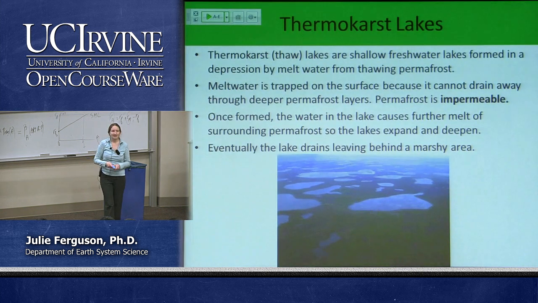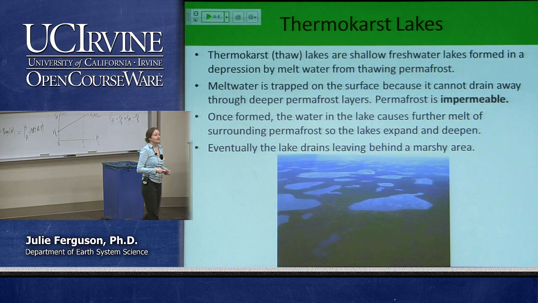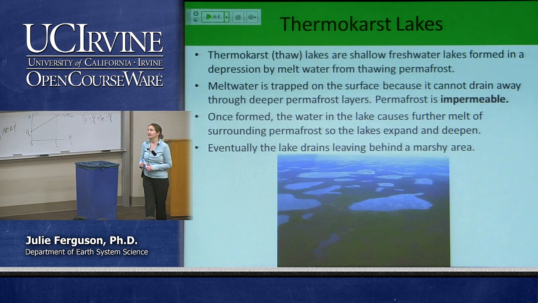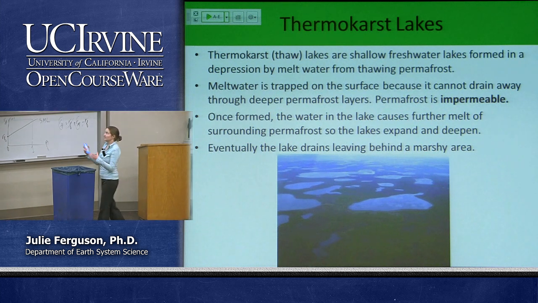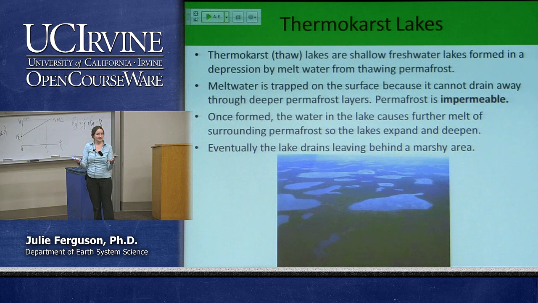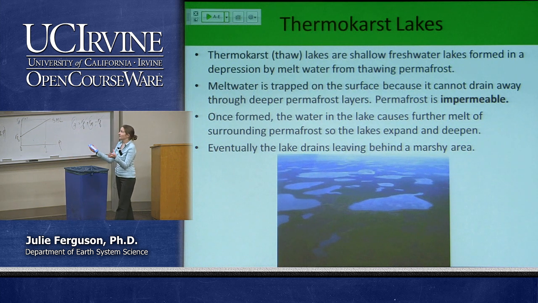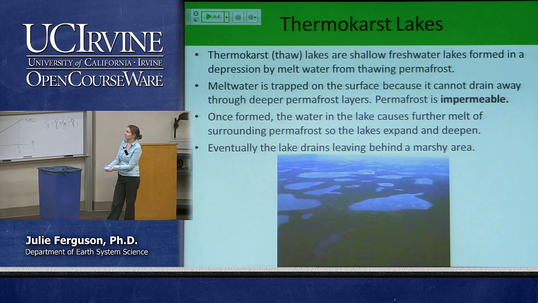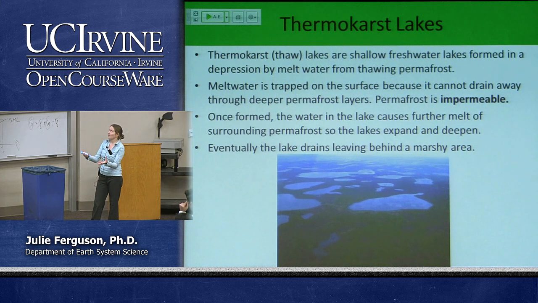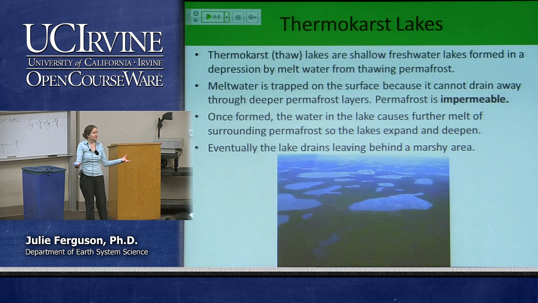Okay. And lastly, because I know you're getting fidgety, we've got these thermokarst lakes. Okay. So these basically are thaw lakes, and they happen especially in the summer, and water collects in depressions, okay? And that meltwater is trapped at the surface, because remember that permafrost, that icy layer underneath, is impermeable.